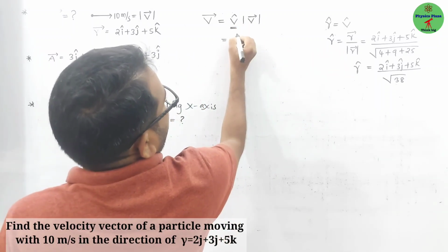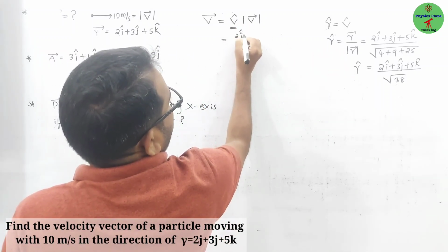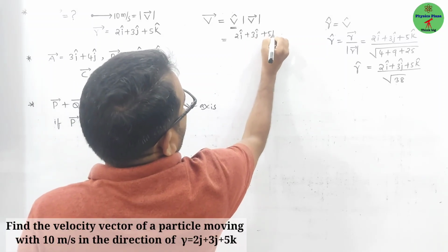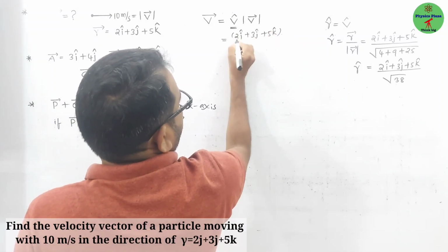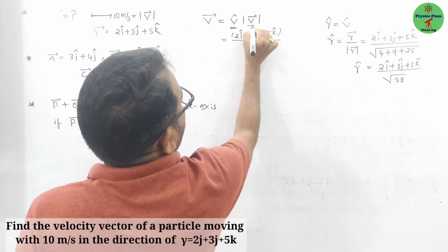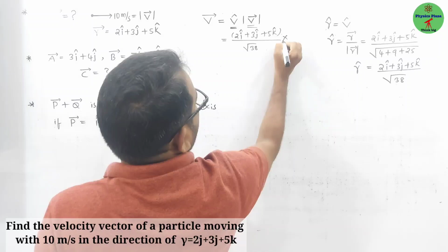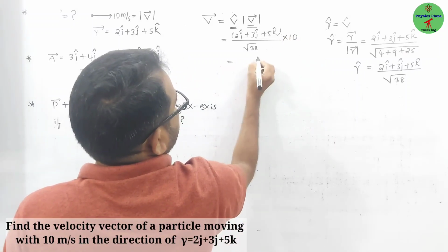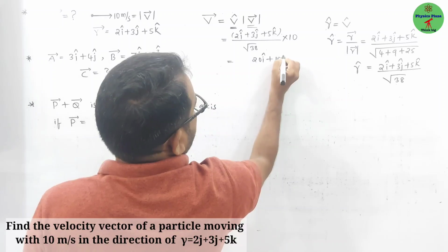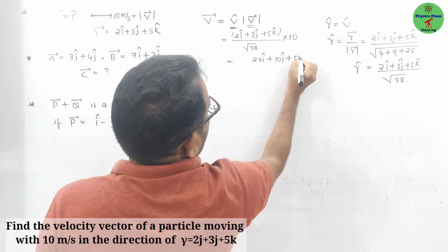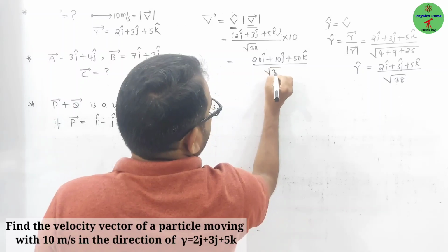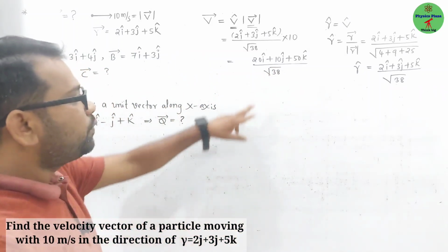So the answer is going to be 2i cap plus 3j cap plus 5k cap by root 38. Mod v value is how much? It is 10. So if you multiply, this is 20i cap plus 30j cap plus 50k cap by root 38. Now this is the velocity vector.